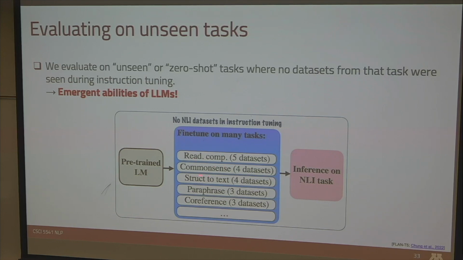Maybe common sense reasoning is also required. So piggybacking from these learned distributions of related tasks, the models can generate appropriate responses even though the task is unseen. And we call this phenomenon emergent abilities of LLMs.